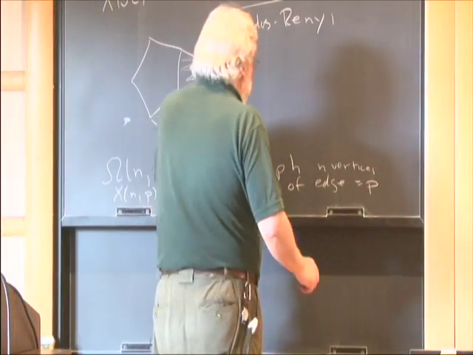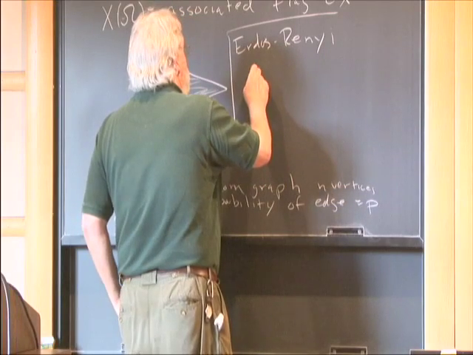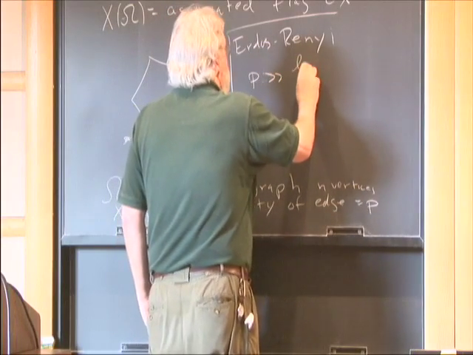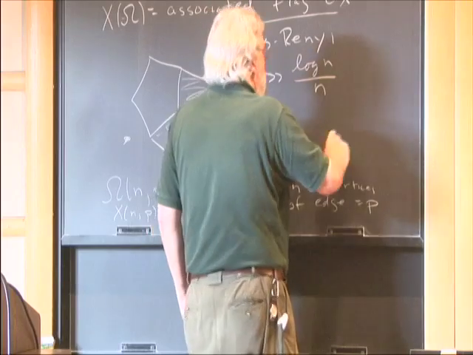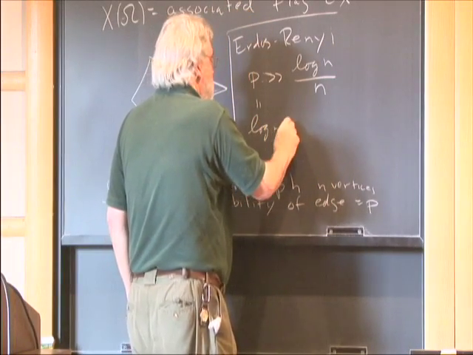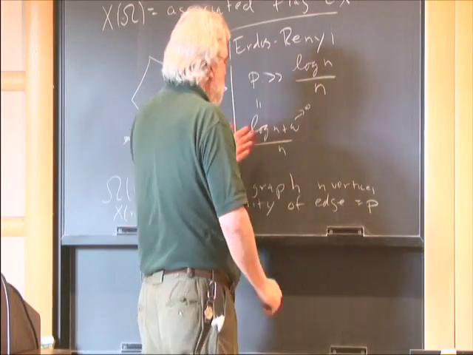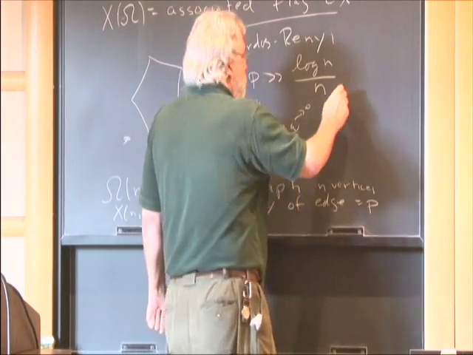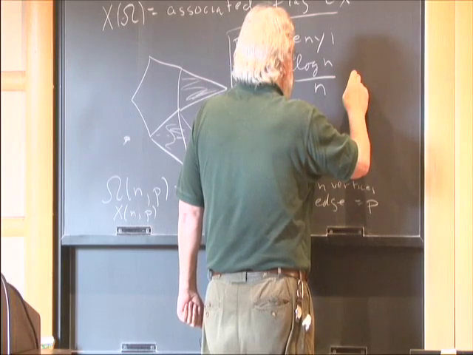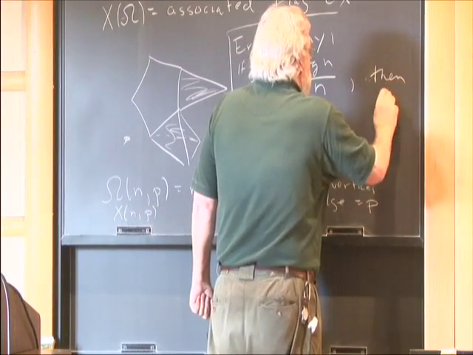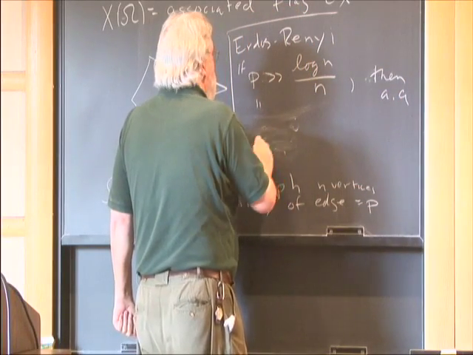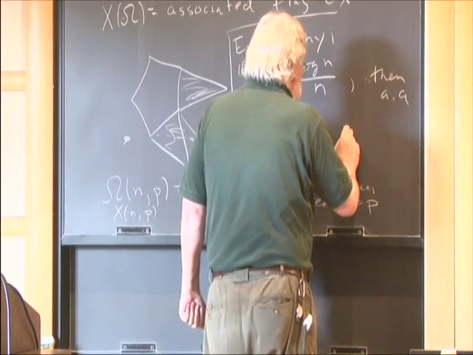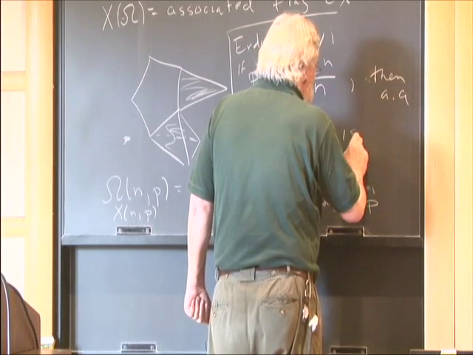And what these guys proved was that if p as a function of n was bigger than log n over n, by which Matthew really meant p was log n plus something that went to infinity, over n, then with probability 1, as n went to infinity, or they said asymptotically almost always, the graph was connected.